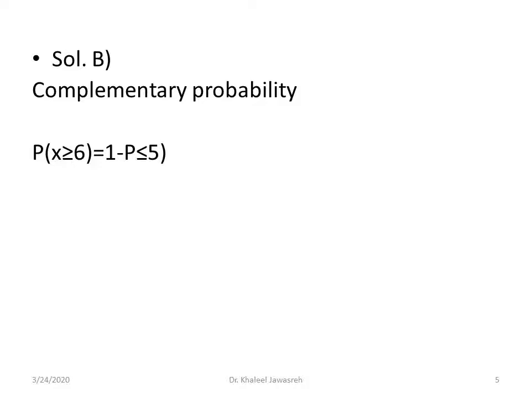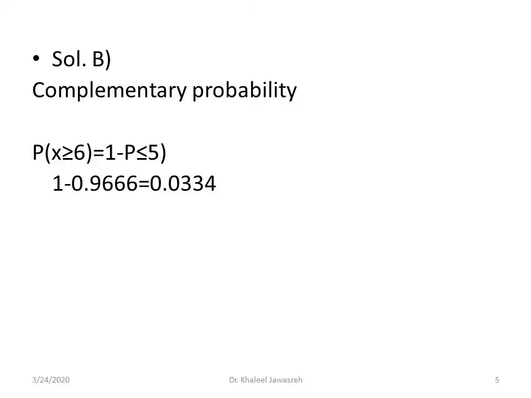So it's 1 minus the probability of being less than or equal to 5. From the table, we pick the probability of less than or equal to 5, which is 0.9666, and subtracting this from 1 gives 0.03334.